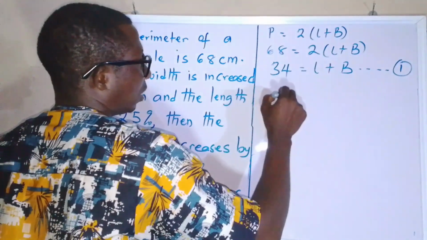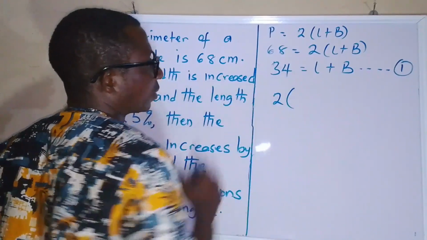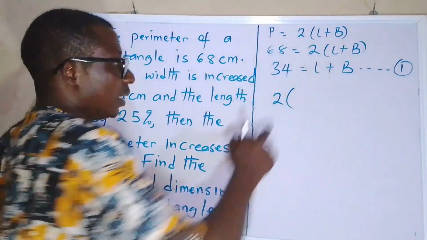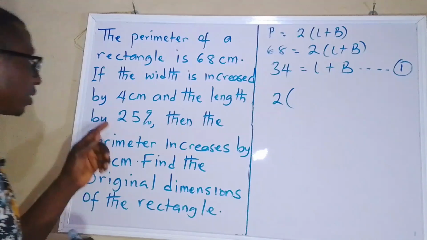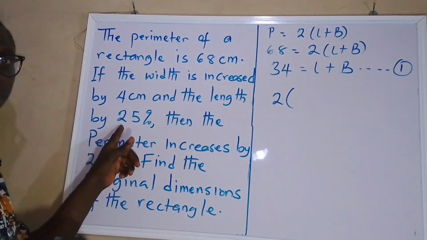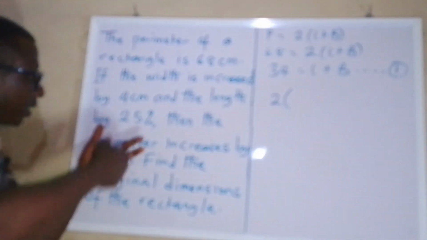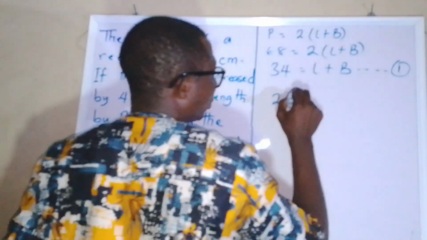Now we have 2 open brackets. The length is increased by 25%. So instead of 100%, it has been increased by 25%.